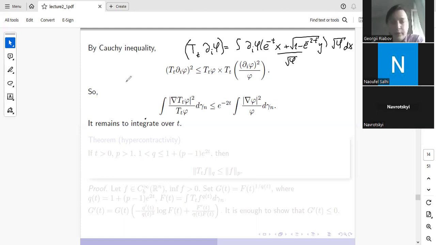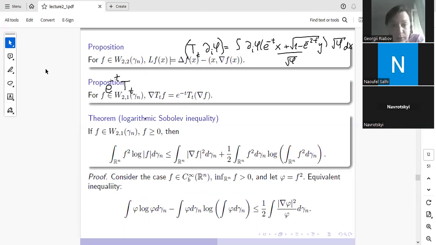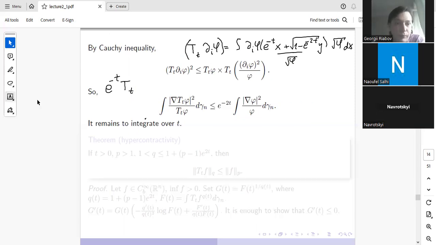And also recall that Tt of partial i phi equals e to the t times partial i of Tt phi.